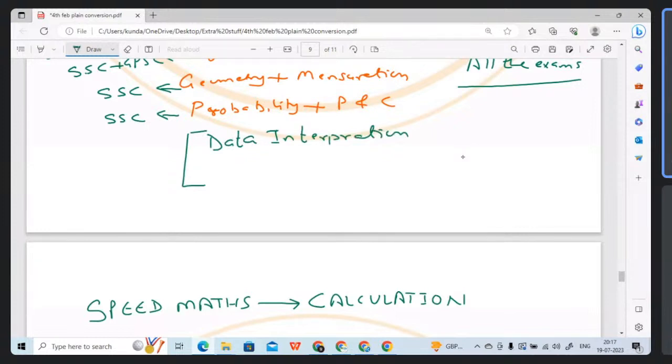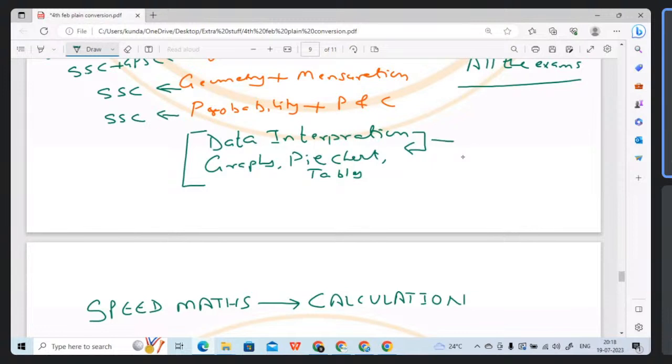Now, in data interpretation, what comes? Graphs: bar graph, line graph, pie chart, tables. There are certain questions based on these topics also.